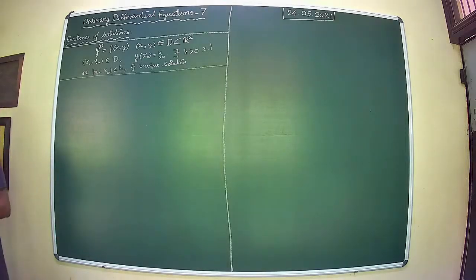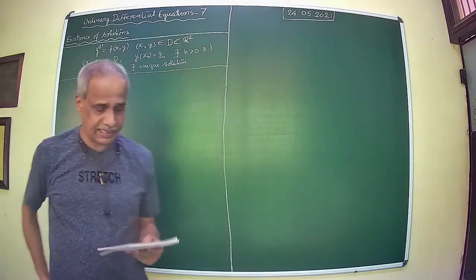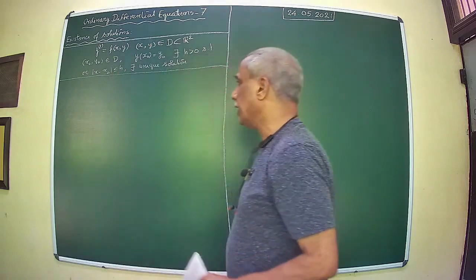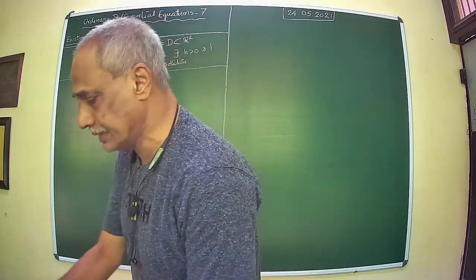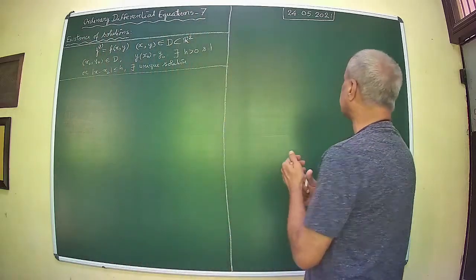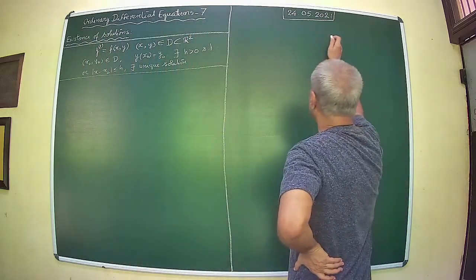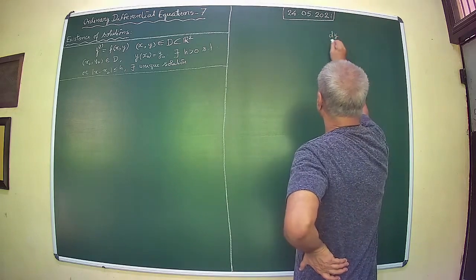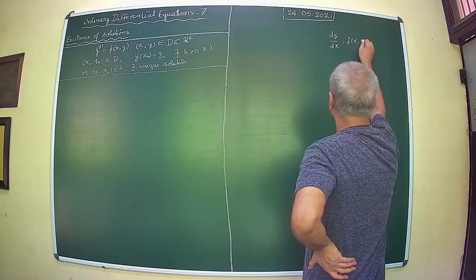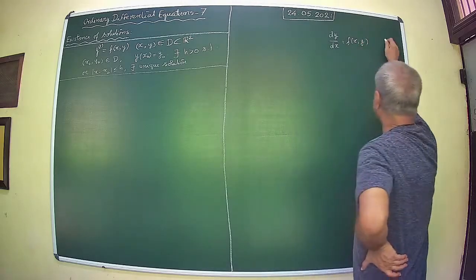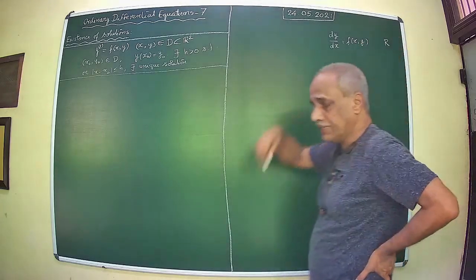Now this is going to be the theme in the first lecture that I do today. So in this context, I'll just give the broad strategy. You have this differential equation. I'm taking a rectangle R as we defined earlier.